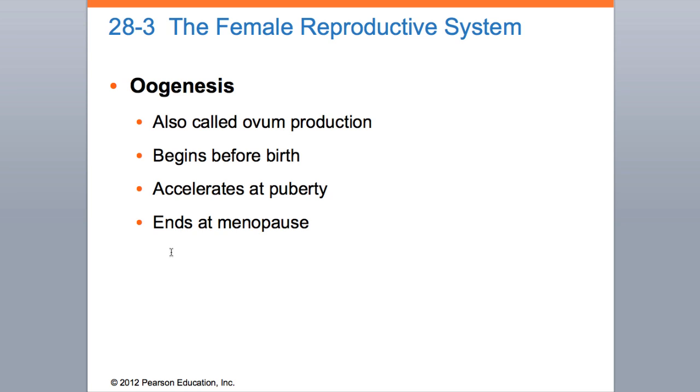Okay, this slide is important. It's an overview. Now, this one is important because, unlike in the male, there's actually a little freeze or a changeover. Notice it says, begins before birth, but then accelerates at puberty.